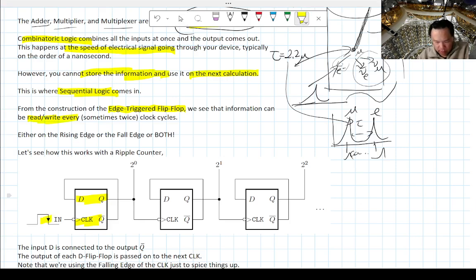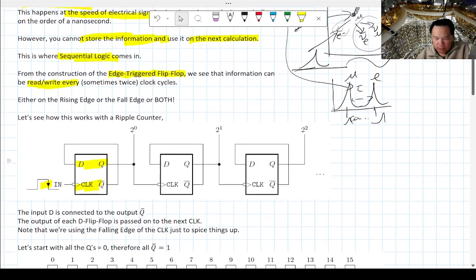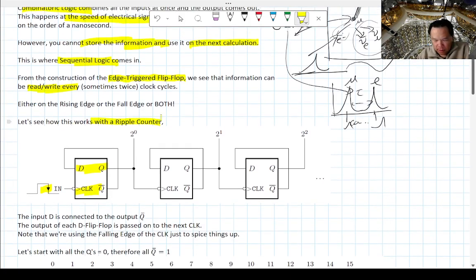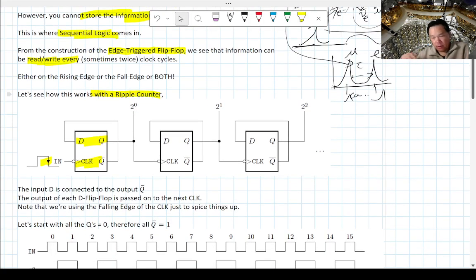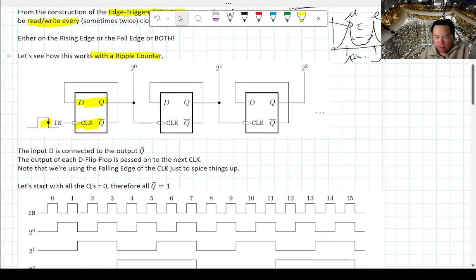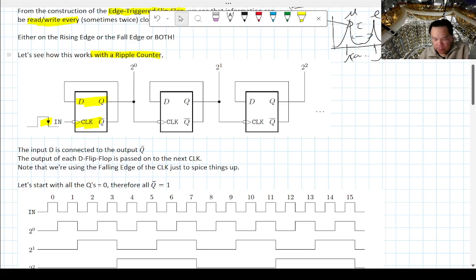The drawing in this case is a down edge, so it means a negative-edge-triggered flip-flop. So let's see how this works. This is called a ripple counter, because hopefully you'll see that the information just kind of ripples through your counter as time goes along.